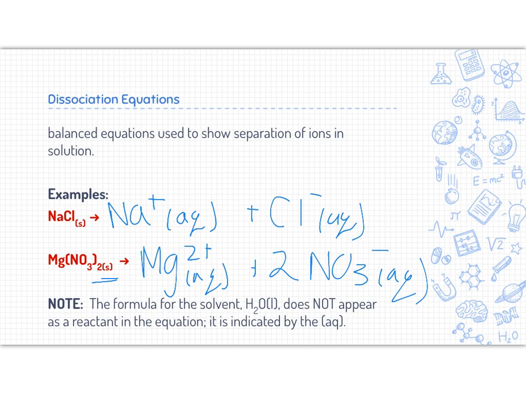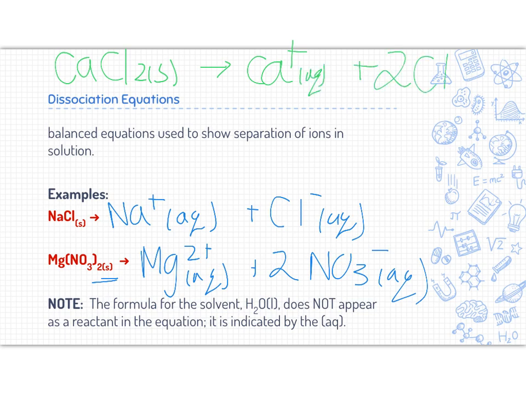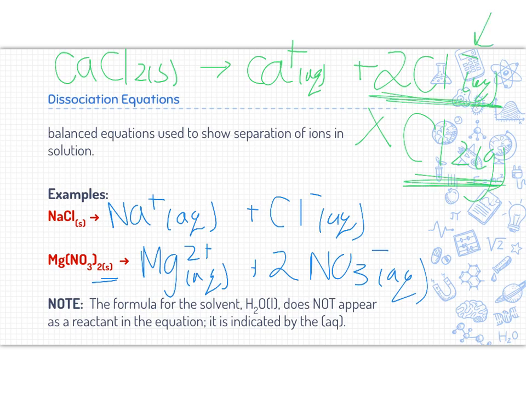One thing to note, if I'd had something like calcium chloride, so CaCl2 as a solid, I'm going to make a calcium ion, and I'm going to make 2 chloride ions. Okay, I do not make Cl2 as a gas. We are not making elements, we are making ions, therefore they have a charge. Again, the subscript becomes a coefficient in front.